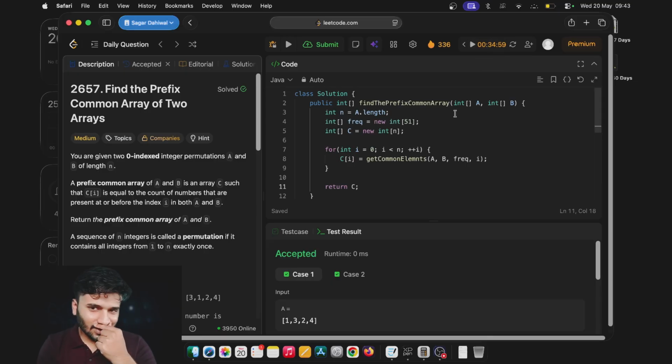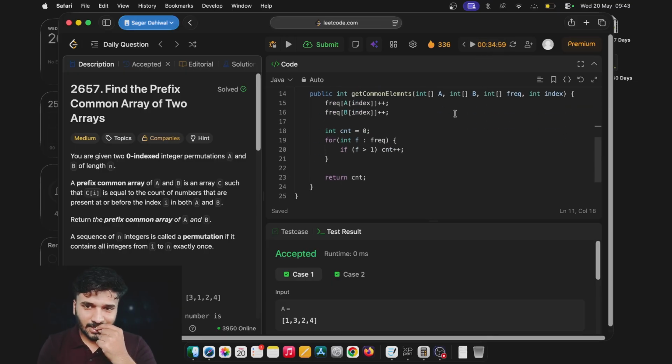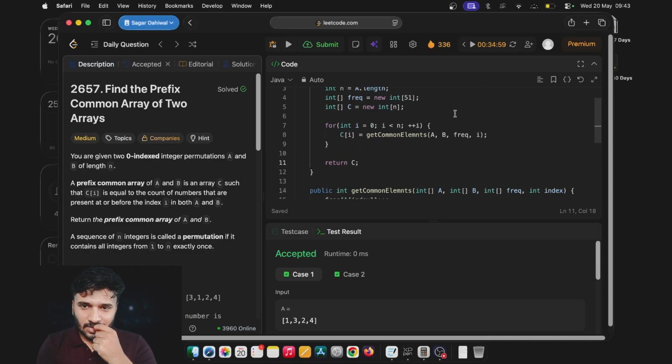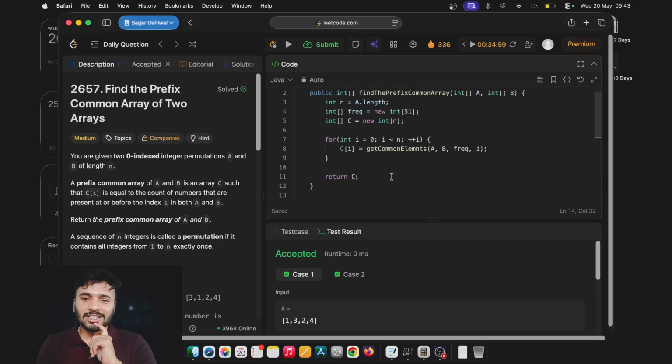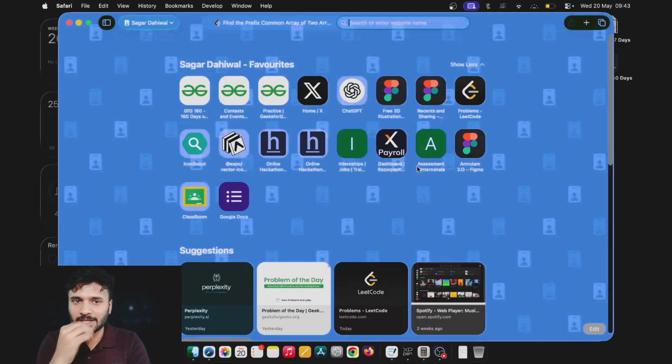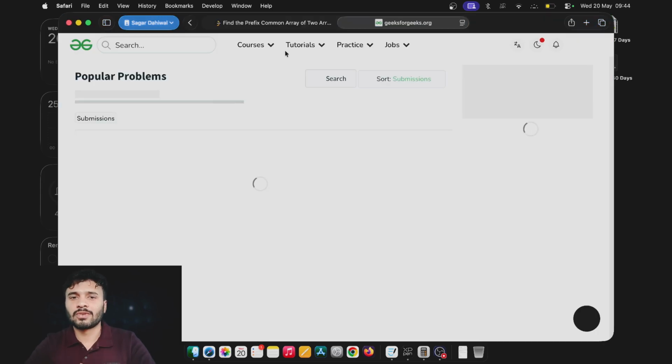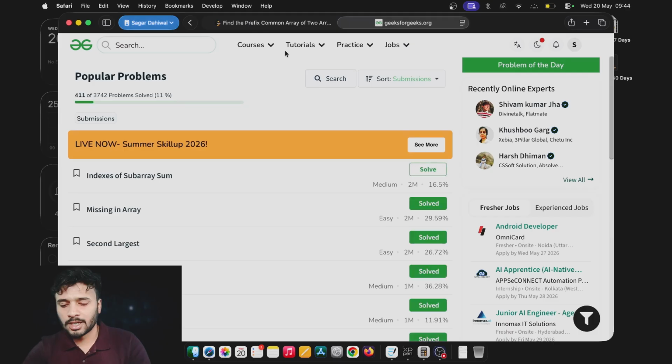Once we got the question, we solved it properly. You can see there are spelling mistakes, just ignore them for now, and we can optimize. But no, we need to solve the Geeks for Geeks question also, right? So let's try to solve the Geeks for Geeks one, and once we solve both questions, then we can think about the optimization.